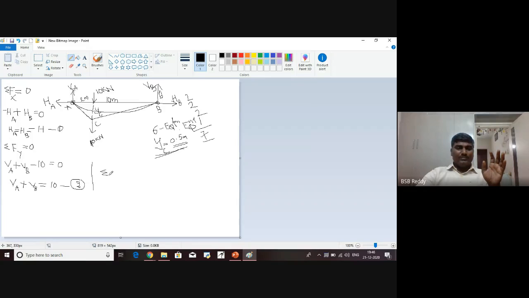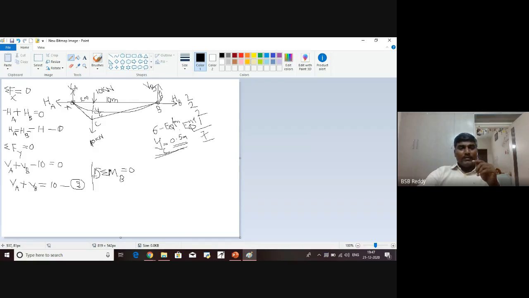So we always prefer B to get VA value. Sigma MB = 0, some clockwise or anti-clockwise direction, positive, whichever you want. So take moments about B of all the forces in the structure. Sum of all the moments from all the forces.